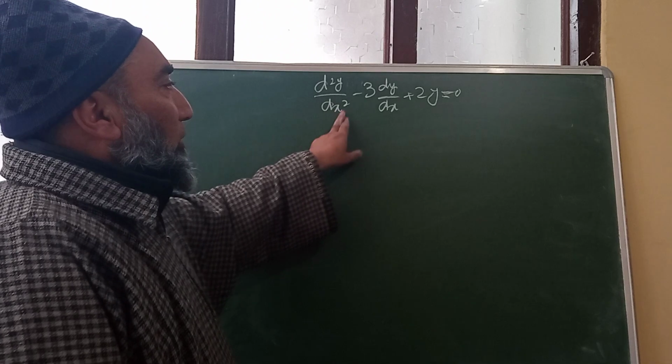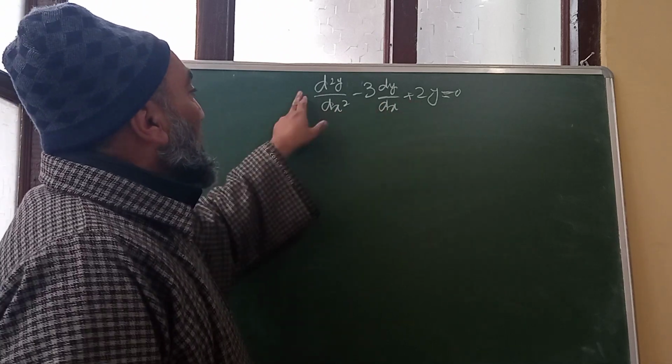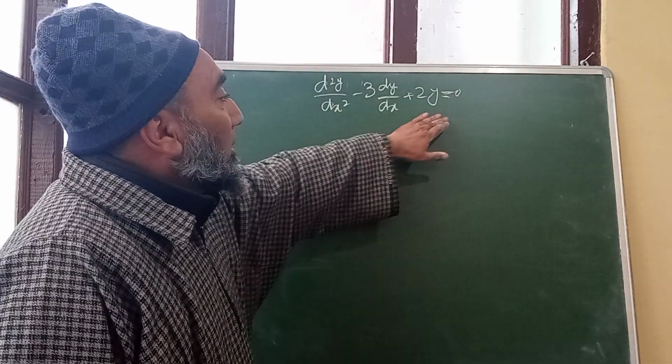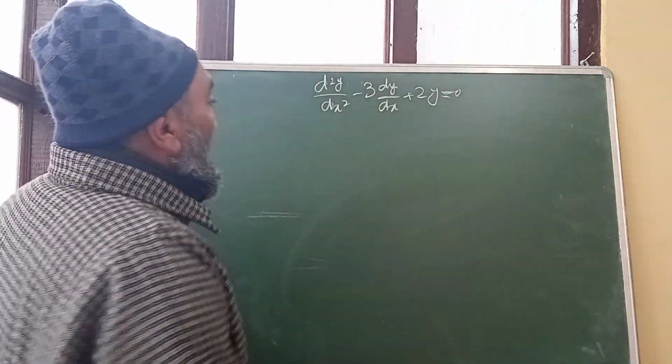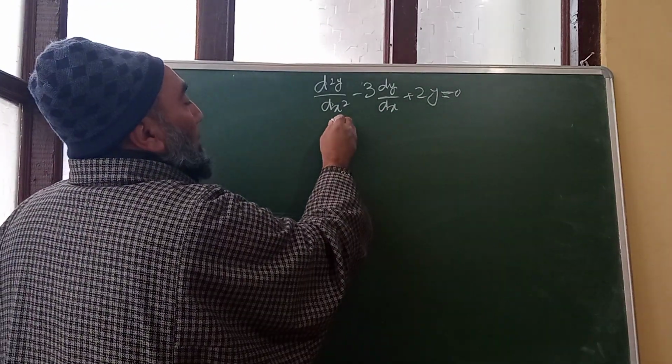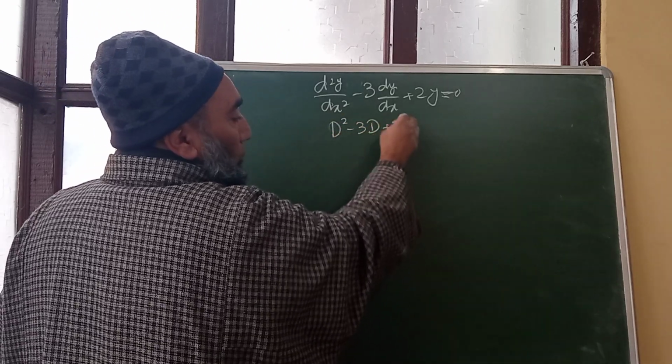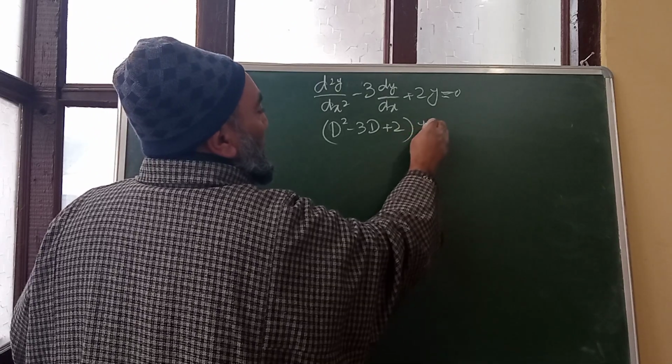This is a linear differential equation with constant coefficients. These are constants: 1, minus 3 and 2. In terms of operator, how will we write it? (D square minus 3D plus 2) operating on y equals 0.